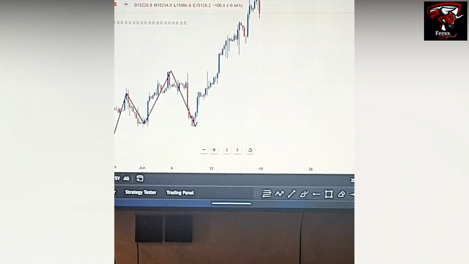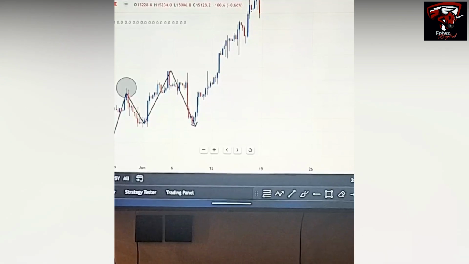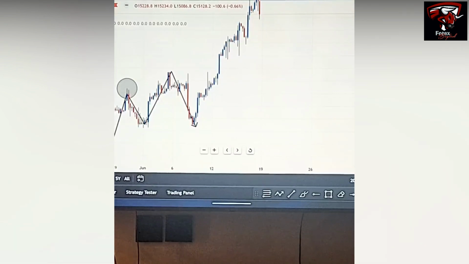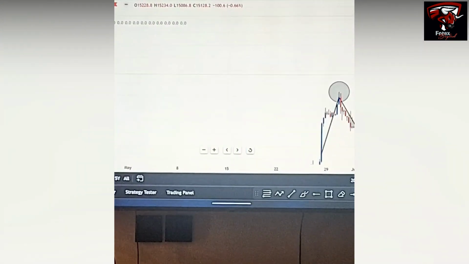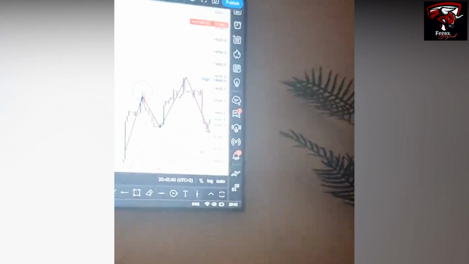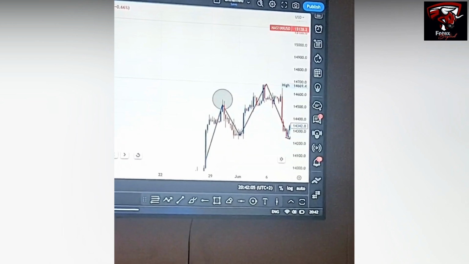But you see, here they purged liquidity, right? So they were done going higher, but they were not done purging. So let me explain it to you. They were done going higher, but they were not done purging. Now let's pretend that none of this was here. So let's say we look at the chart over there. None of this was here, right?